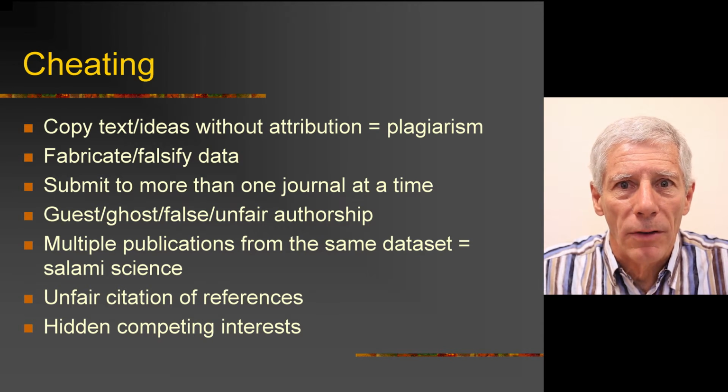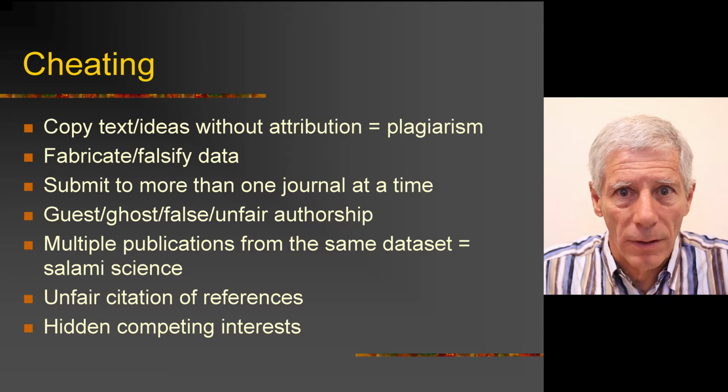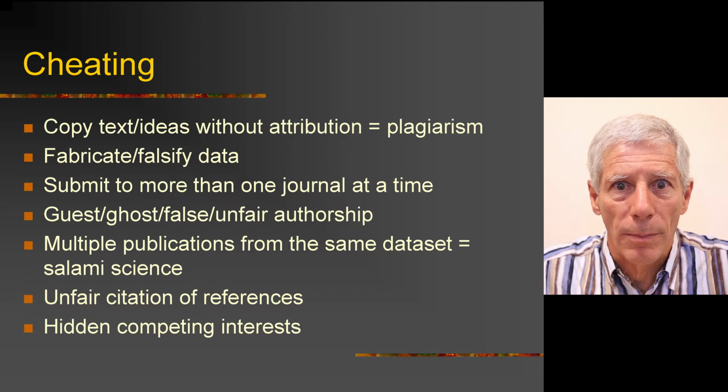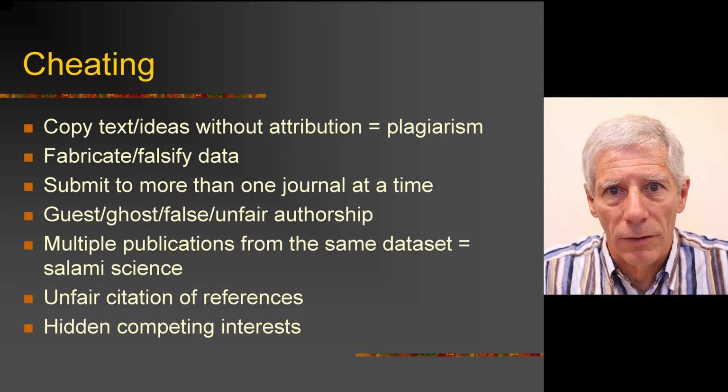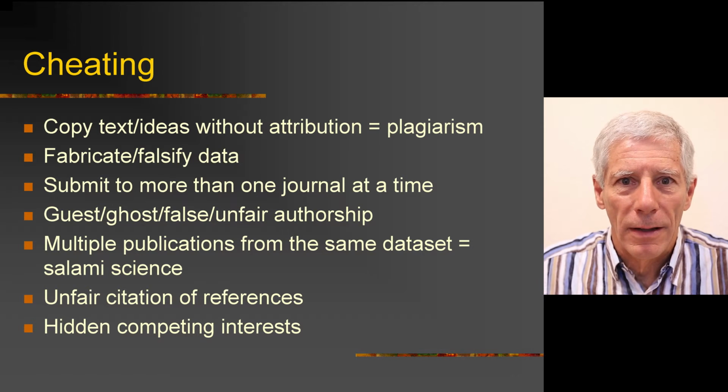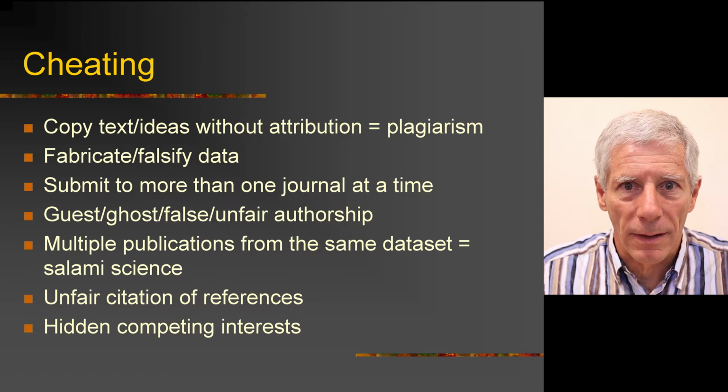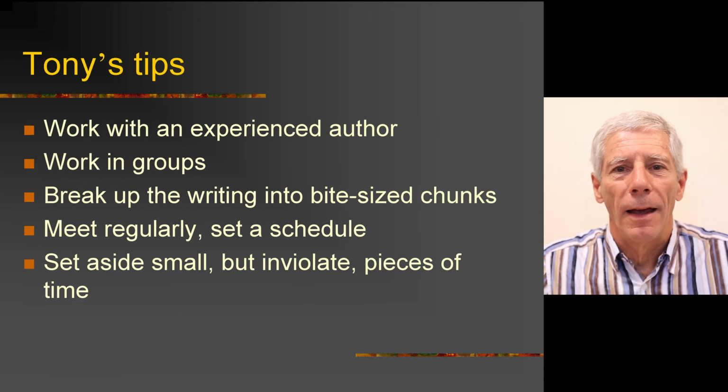You can use the same data set and answer different questions, that's not a problem, but if you're just republishing the same data in a different journal, adding a few more numbers, it's not okay. I've talked about unfair citation from references, and hidden or competing interests are also not allowed. These are all pretty obvious, but you should just be aware of them.